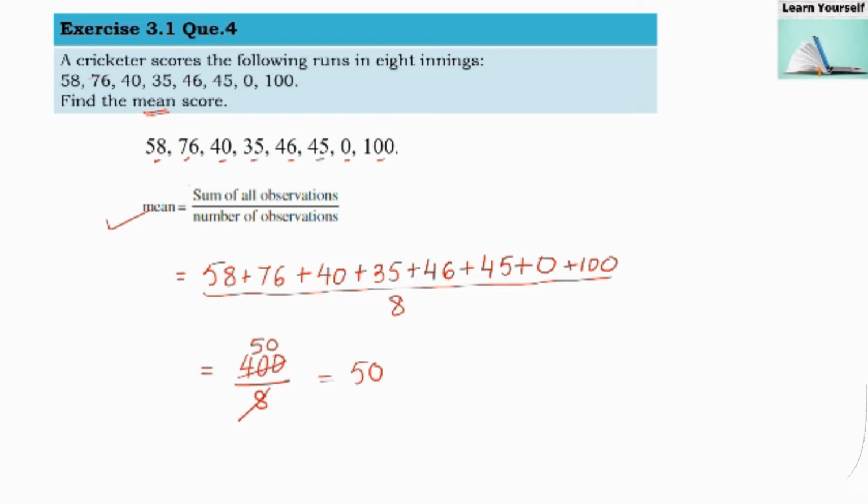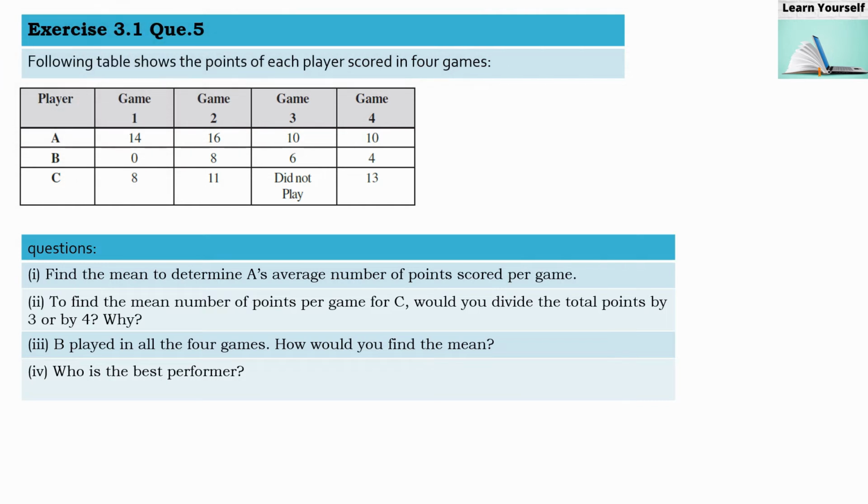Exercise 3.1, question number 5. The following table shows the points each player scored in 4 games. So these are the players. There are 3 players and they all played 4 games. And we have to answer the following questions based on this table.